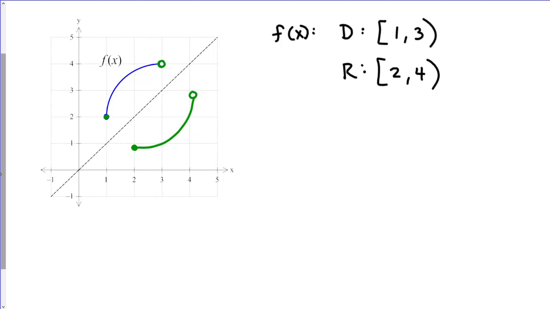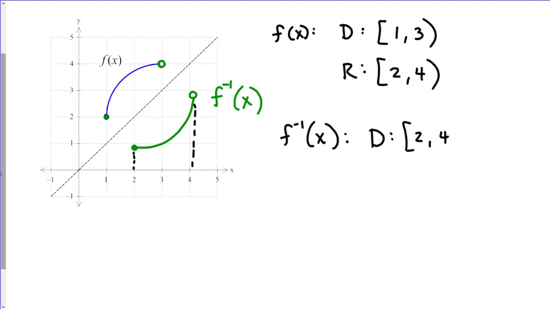Now, let me look at the domain and range of the inverse. So this is my inverse function. I didn't draw that very well. Let me try again. That's my inverse function. Its domain starts at 2 and goes up to 4. So for f inverse, the domain goes from 2 to 4, but not including the 2.